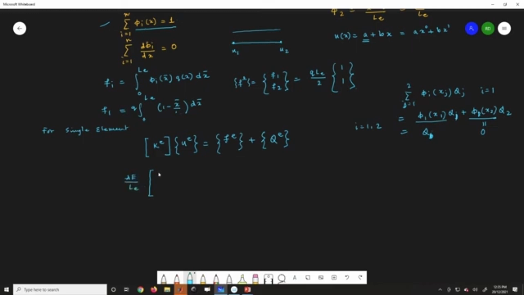KE is 1 minus 1, minus 1 1. Then U1E, U2E, and if I assume a constant body force, then Q LE by 2 into 1 1, and then my QE is essentially QE1 and QE2. So this is my equilibrium equation over the element.